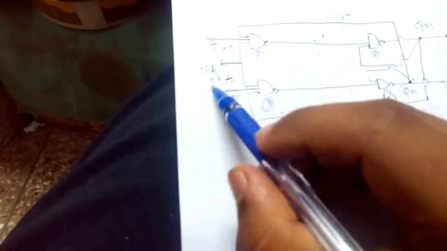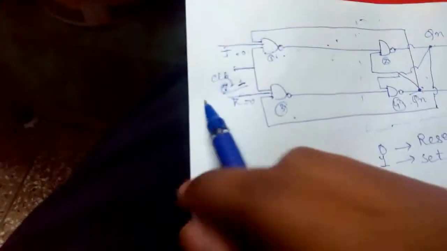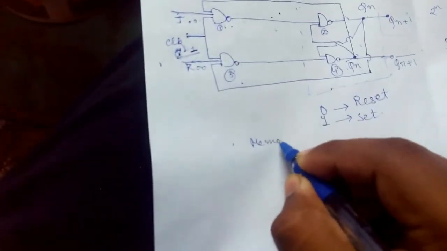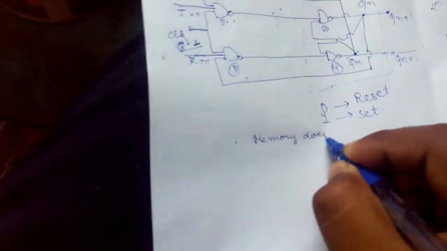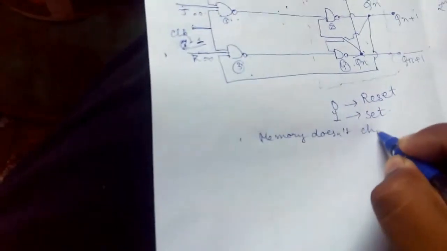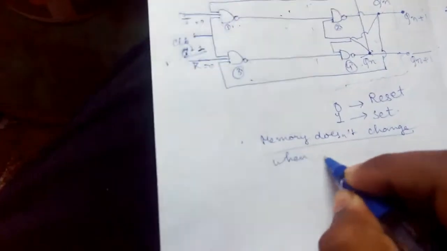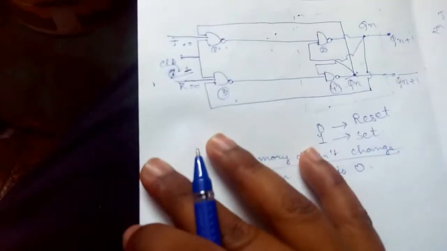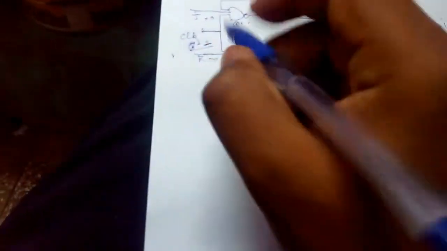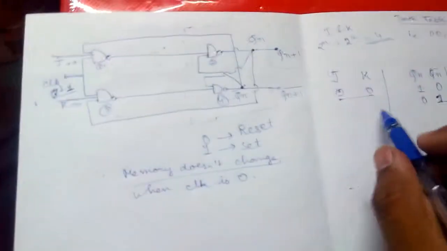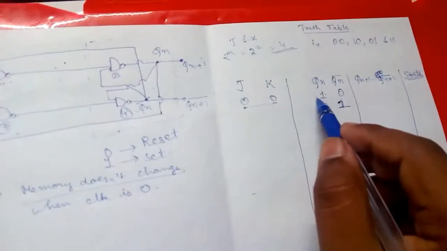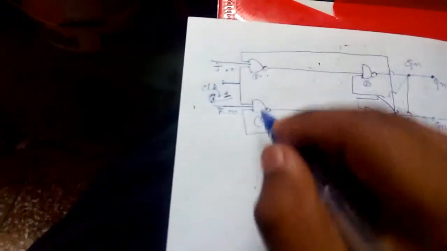At the beginning, if we apply clock pulse as 0, whatever the input may be, the memory does not change when the clock pulse is 0. Now we are checking the conditions when the clock pulse is 1, or enabled.